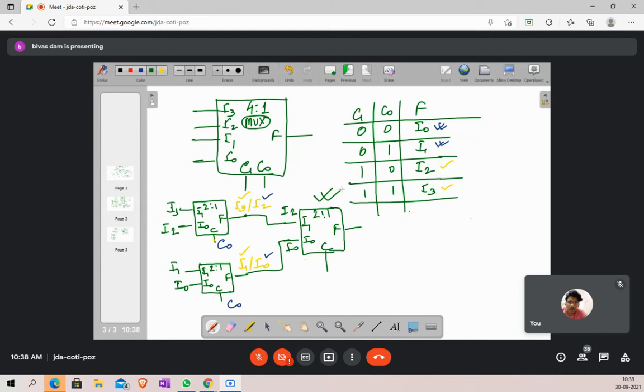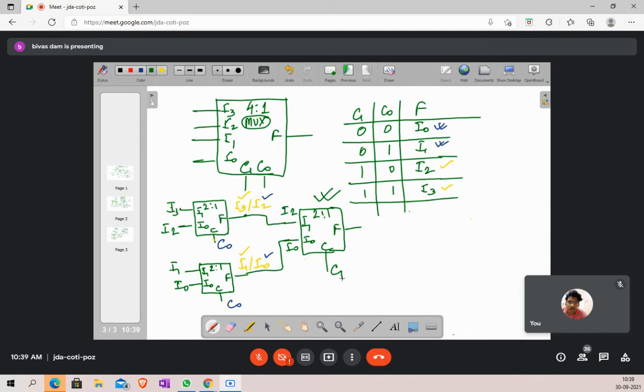If C1 is equal to 0, I am connecting I0 to the output, and if C1 is equal to 1, I am connecting I2 to the output. So, I2 should go to I1, and I0 should go to I0 of the third 2:1 multiplexer.